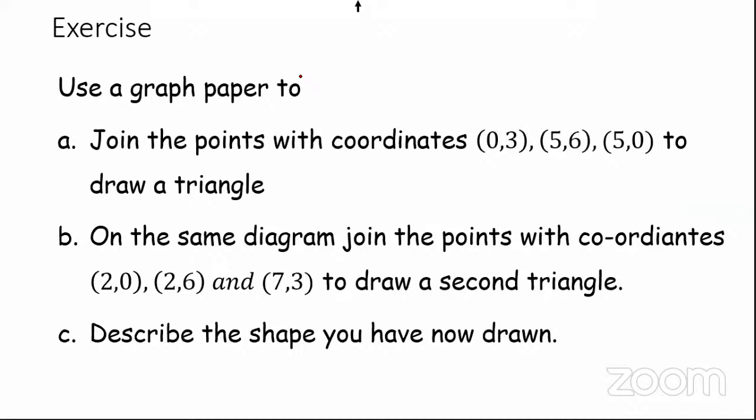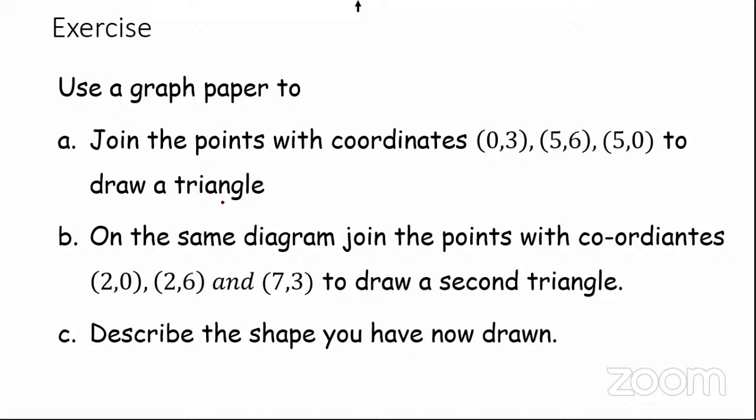Okay, so your exercise. This is number 1. You are going to plot these points here. Part A, you'll plot the coordinates 0, 3, 5, 6, 5, 0. And you join them to draw a triangle.